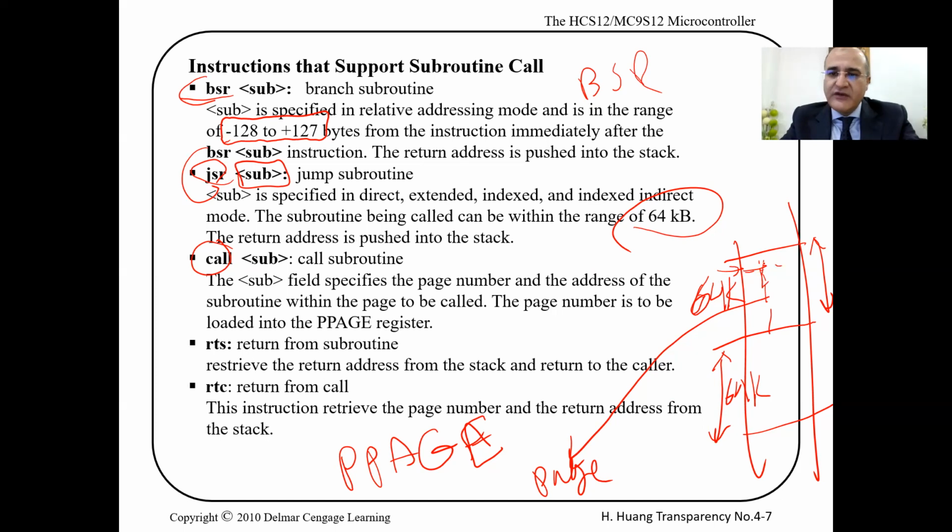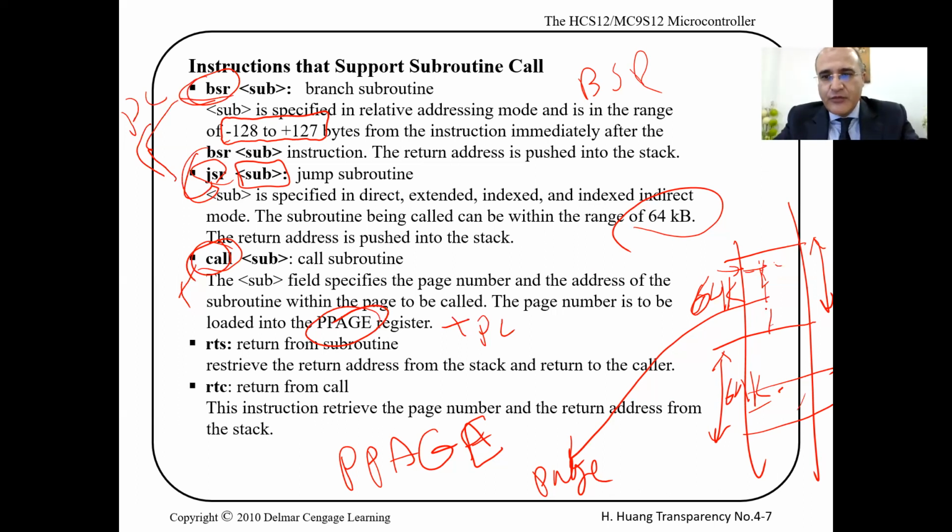Okay, but what if you want to go execute some code in a different page? You do a call. So the branch to subroutine and jump to subroutine both only affect the program counter. The call will affect the P page register plus the program counter. So it can send the program counter to a memory location out of the current page to another code page.